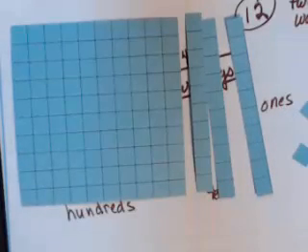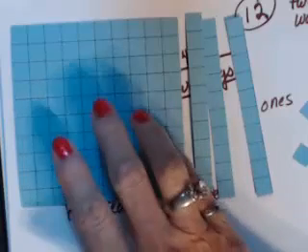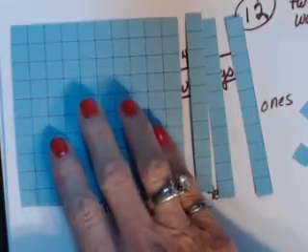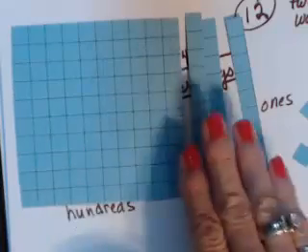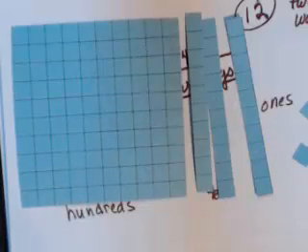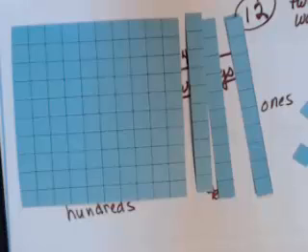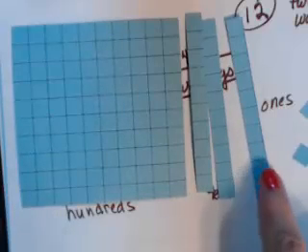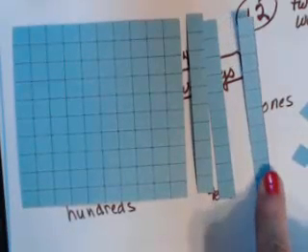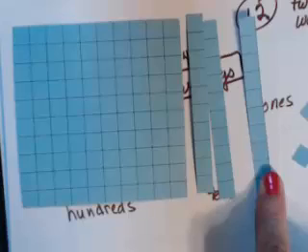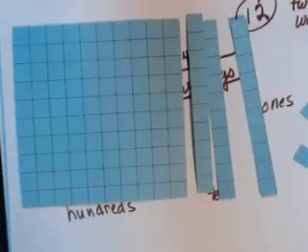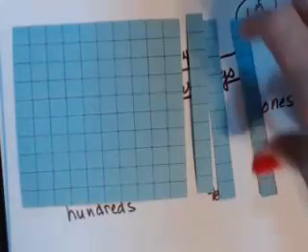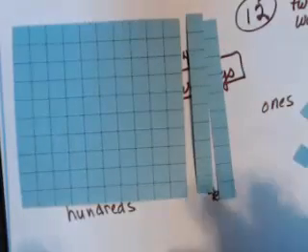Now in the previous example, I replaced the flat with 10 longs. So that was one way, and if you did that, that is perfect. But you know, I could replace one long with 10 units, like I did on the first example.